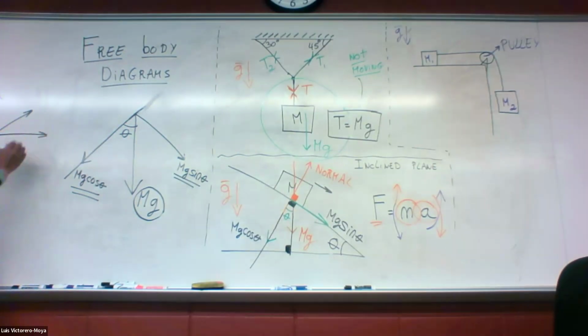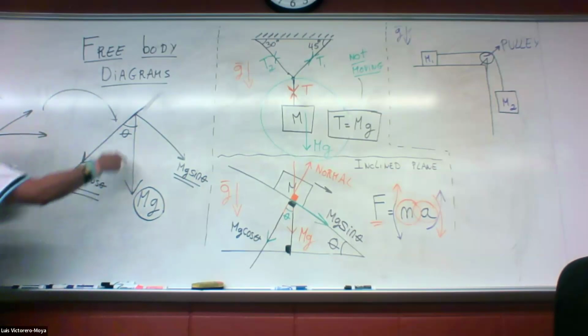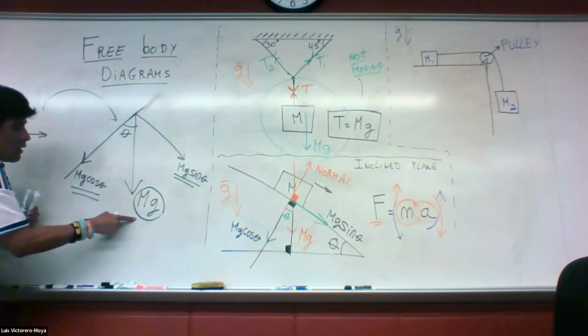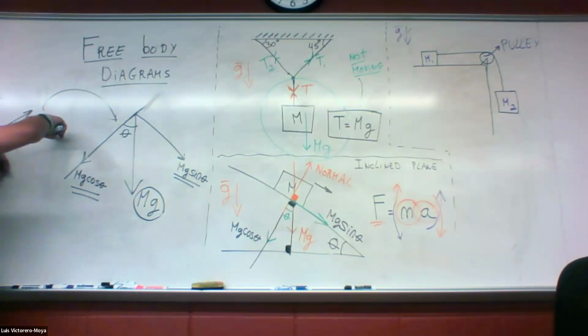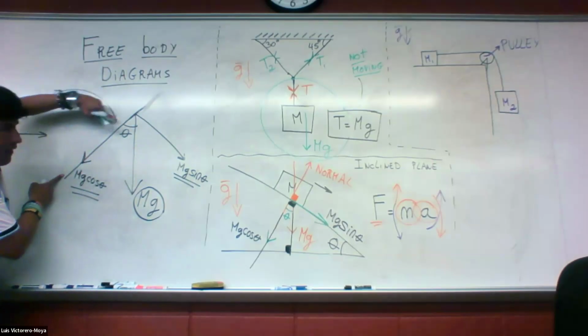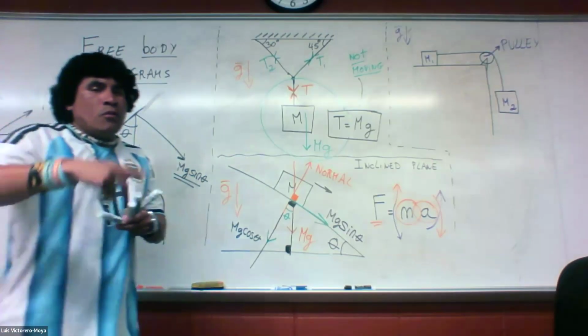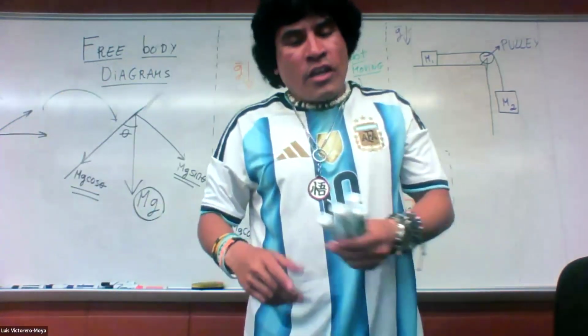Now I'm twisting it like that. So now this is the weight. This goes here, and this goes here. We call that, some of you probably have seen this, rotation of axis.